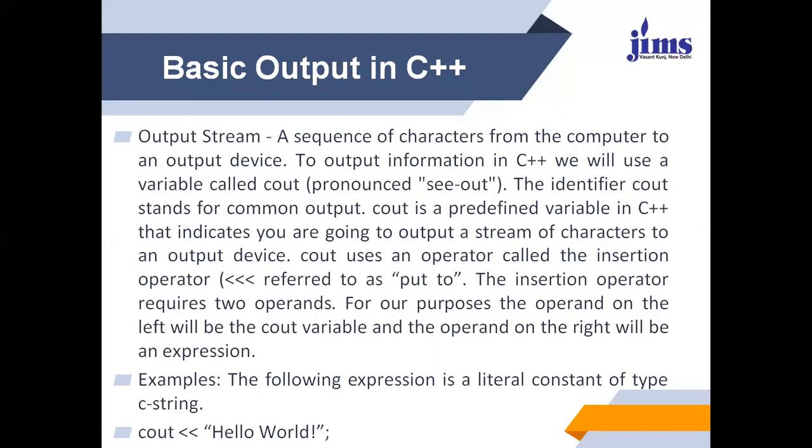To output information in C++, we will use a variable called cout. The identifier cout stands for common output. Cout is a predefined variable in C++ that indicates you are going to output a stream of characters to an output device. Cout uses an operator called the insertion operator, referred to as <<.